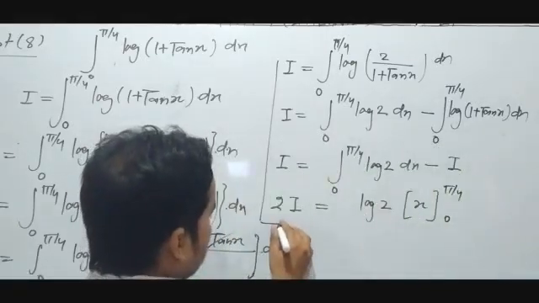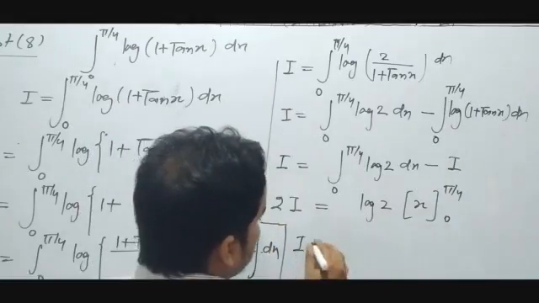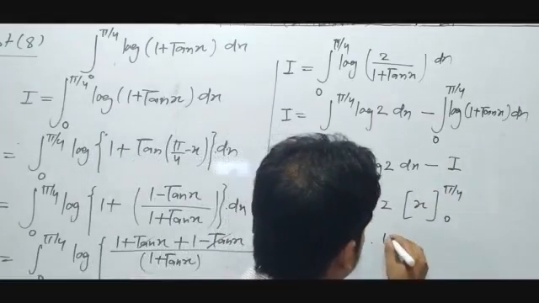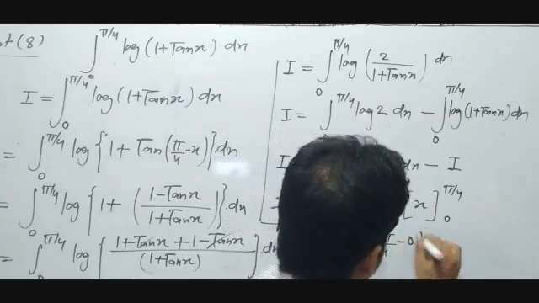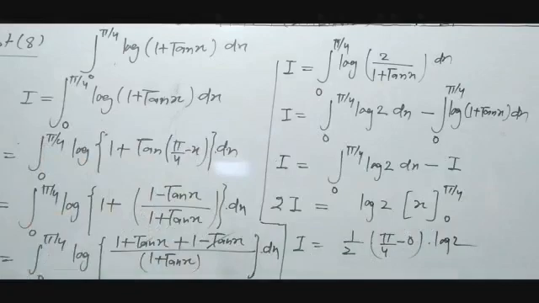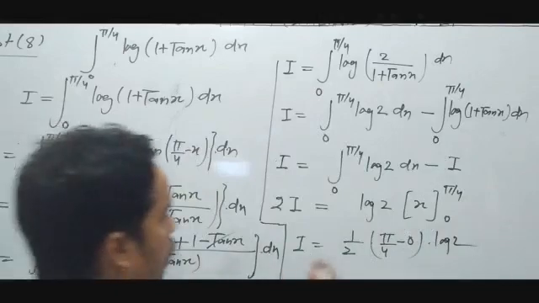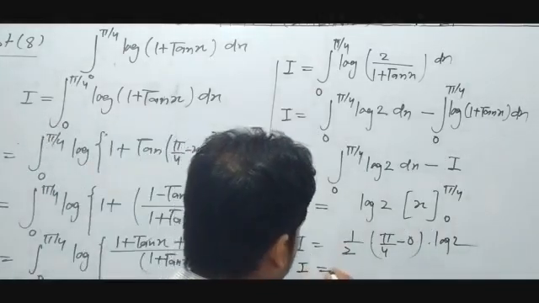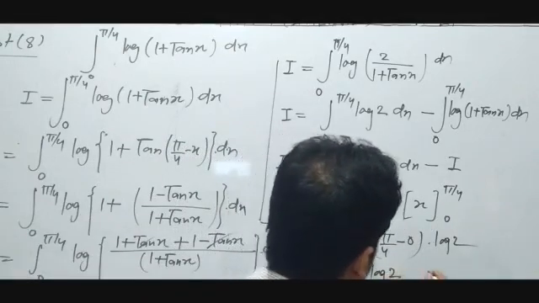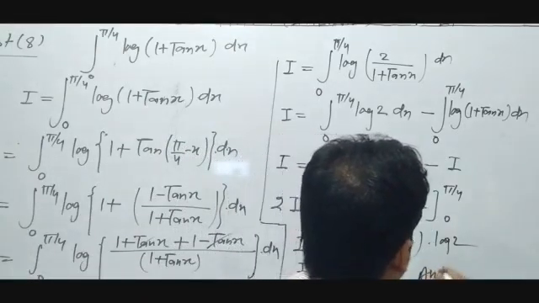So I will be equal to 1 by 2. This result after calculation (pi by 4 minus 0) times log of 2, and now result will be pi by 8 log of 2. So I is equal to pi by 8 log of 2. This is the answer.